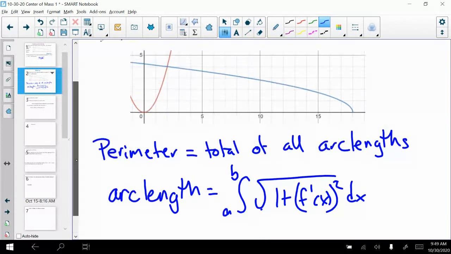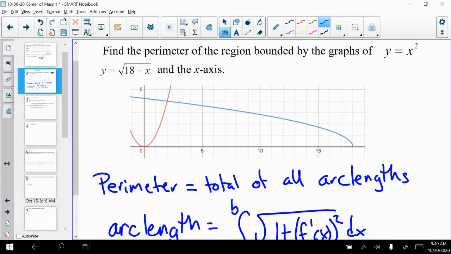Honestly, you guys are in a good situation with it being remote because you get to have your notes all the time. Less memorization of formulas. So here's the first one, I'm going to call it f of x, which is x squared, which makes f prime of x be 2x.